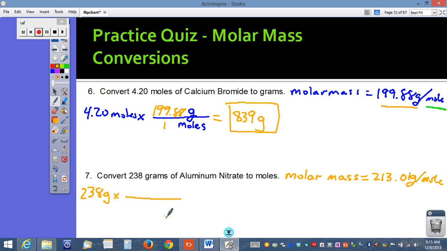Okay, factor label method is always about using the units to show you what to do. Our unit here has to come down so it can cancel out. The rest of the unit goes on top. So the grams comes down just like the moles had come down beforehand. Now let's go up and take a look at our conversion factor and see which number goes where. We have 213.01 grams per mole.